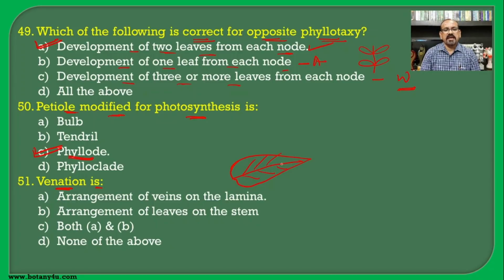This is an example of reticulate venation, and this is an example of parallel venation. This arrangement of veins is known as venation. So the arrangement of veins on the lamina is the correct answer for venation. Arrangement of leaves on the stem is known as phyllotaxy and not venation, and hence A is the correct answer for this question.